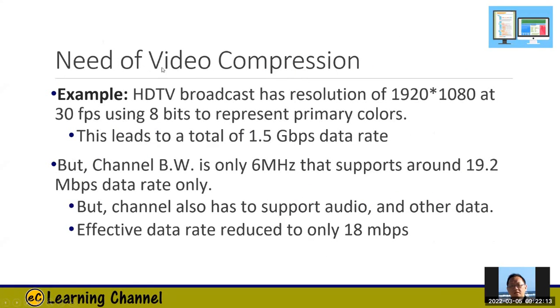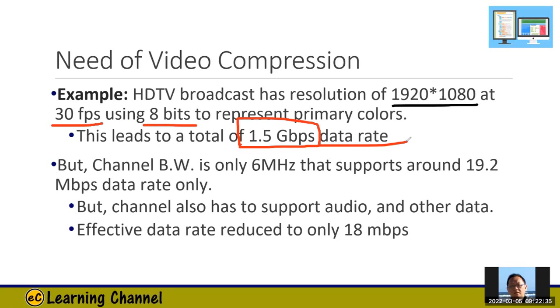So here, you need to have a video compression, and we calculate the data rate. If you want to transmit this 2 megapixel image, for 30 frames per second using 8-bit scheme, then you will need to have 1.5 gigabit per second data rate.